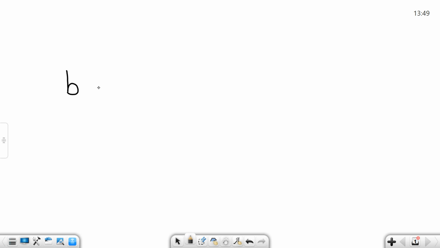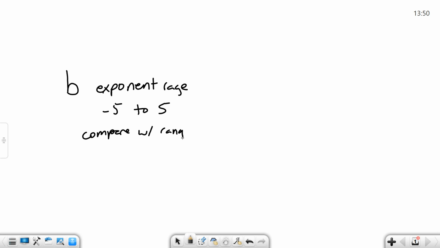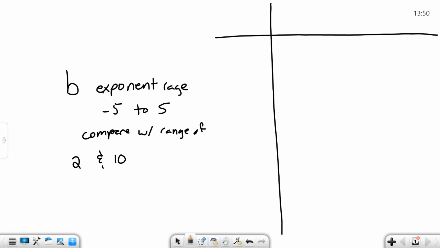We are going to look at this for the exponent range of -5 to 5. And we're going to compare that with a base of 2 and 10. So I'm going to set up a data table here, just a quick one.